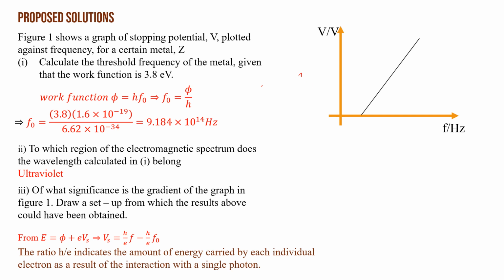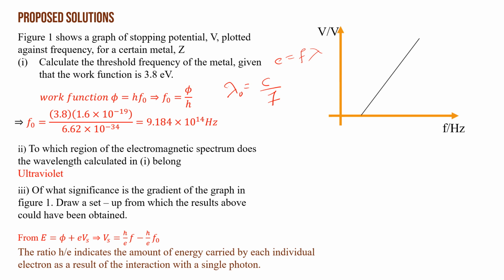And so we can also calculate the wavelength. We know that lambda 0 will be equal to... since the speed is equal to the frequency times lambda, it definitely means that lambda 0 will be c divided by the frequency.